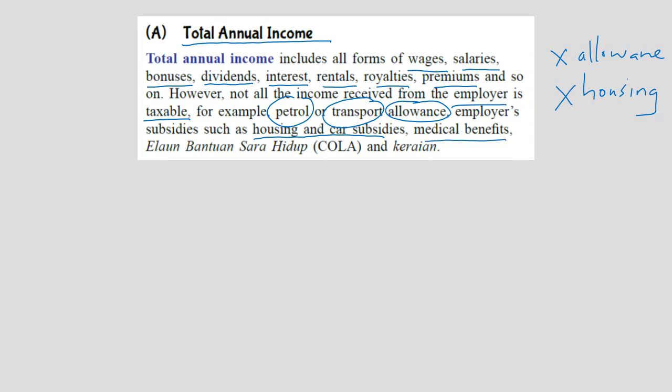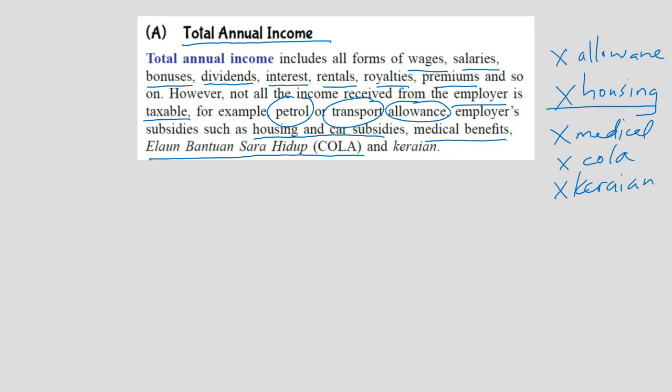Medical benefits also will not be taxed. And also the allowance bantuan sara hidup, this one also will not be taxed. And also the kerayan. Like for me, I have housing allowance and this one is not taxed.